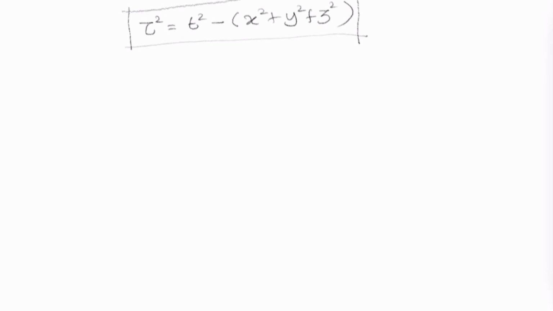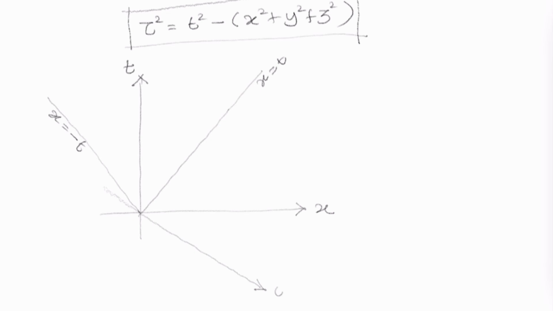Let's consider a coordinate system, x and t. This is a light ray, x equals t. And this is another one, x equals minus t. If you bring other axes of space here, what happens?